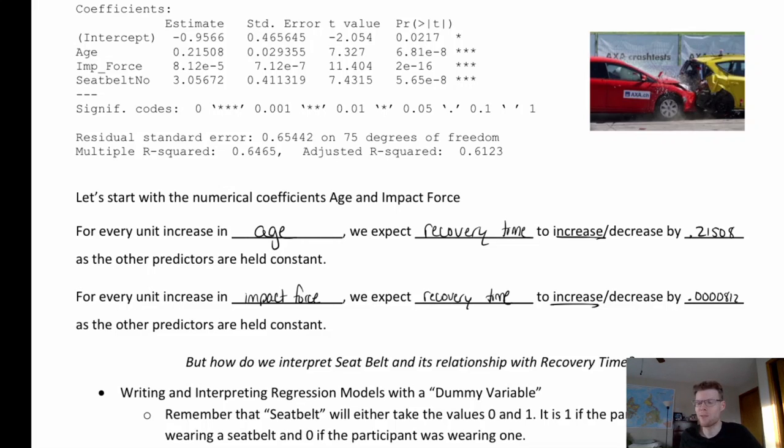If you have one car accident and then another that to our eye might seem just a little bit stronger, it's probably a couple thousand newtons stronger than the other one that we just witnessed.